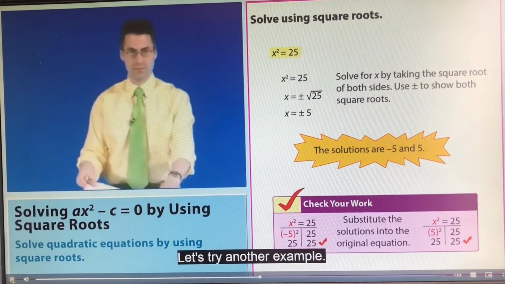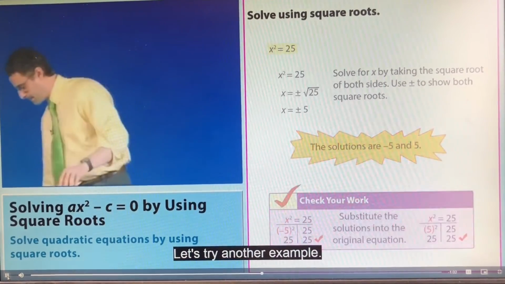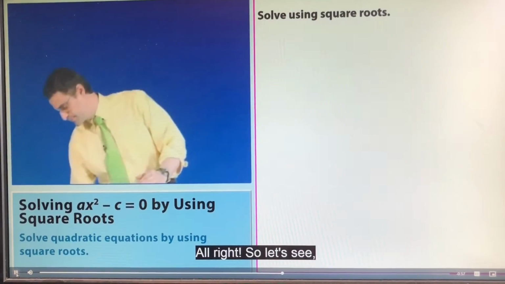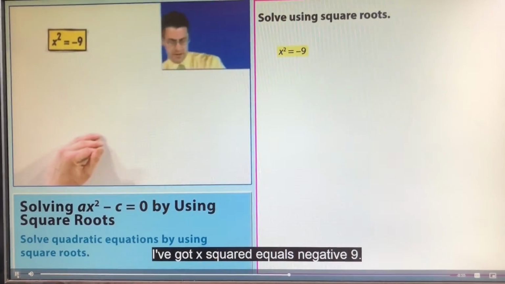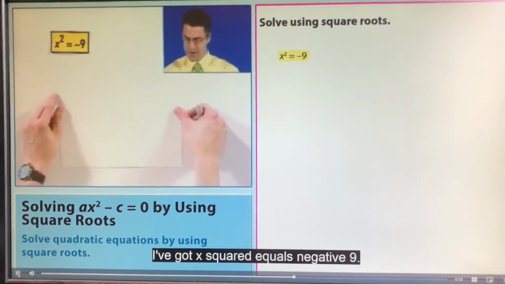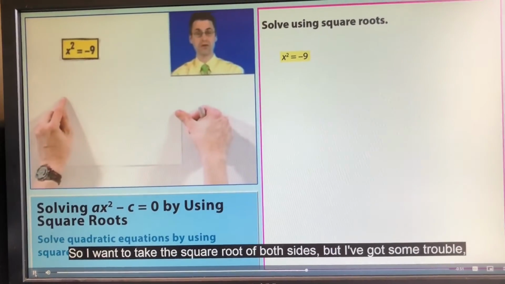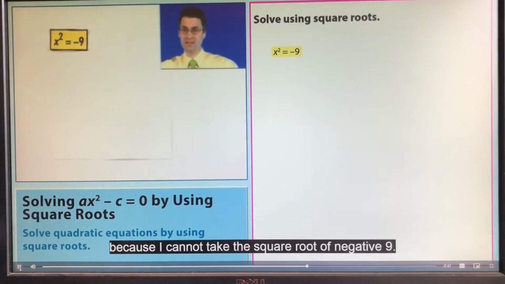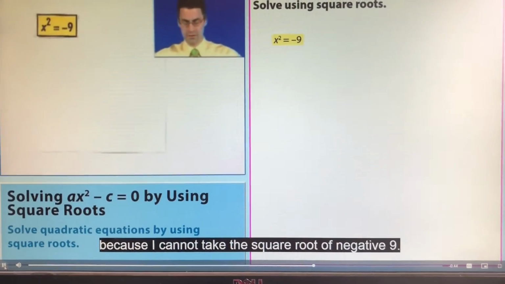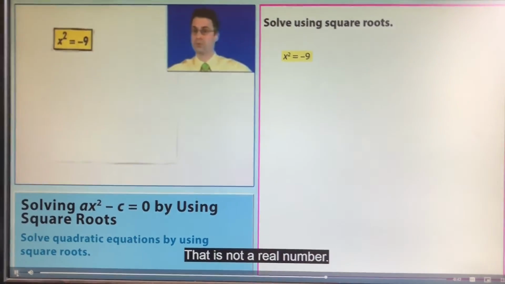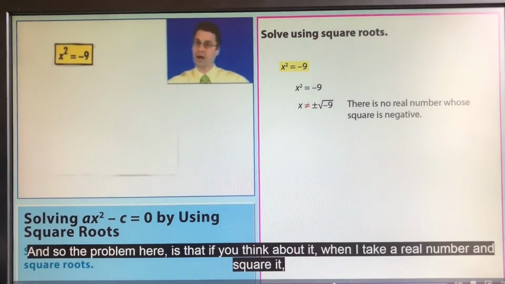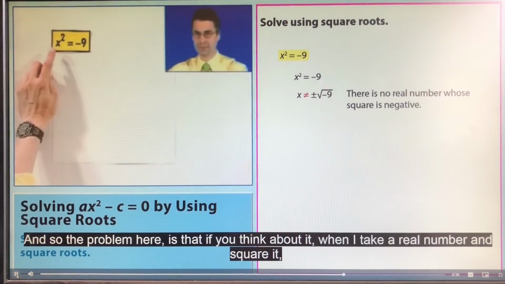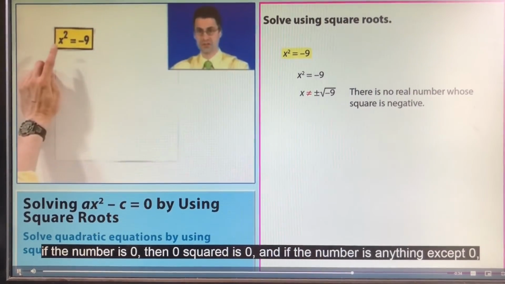Let's try another example. All right. So let's see. I've got x squared equals negative 9. So I want to take the square root of both sides, but I've got some trouble because I cannot take the square root of negative 9. That is not a real number. If you think about it, when I take a real number and square it, if the number is 0, then 0 squared is 0.